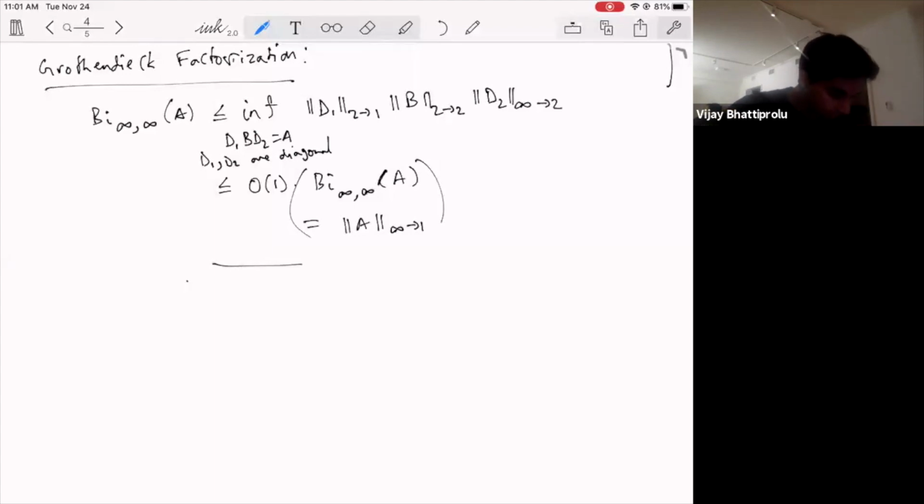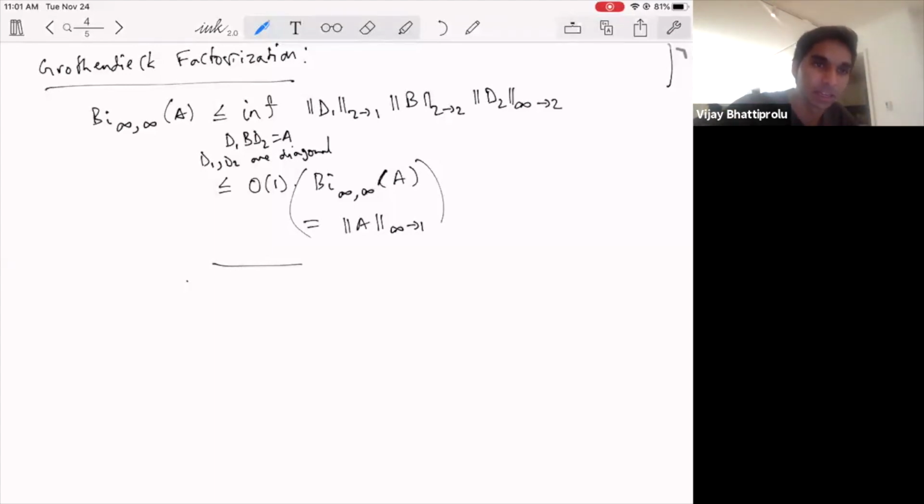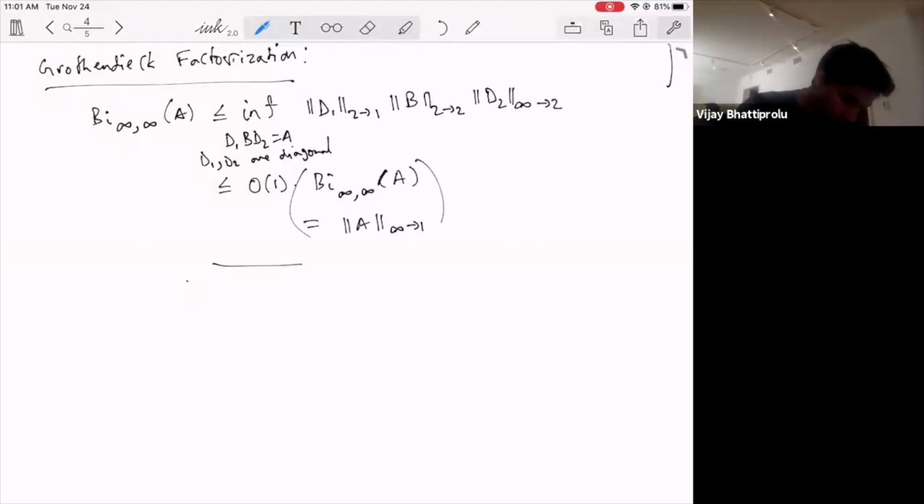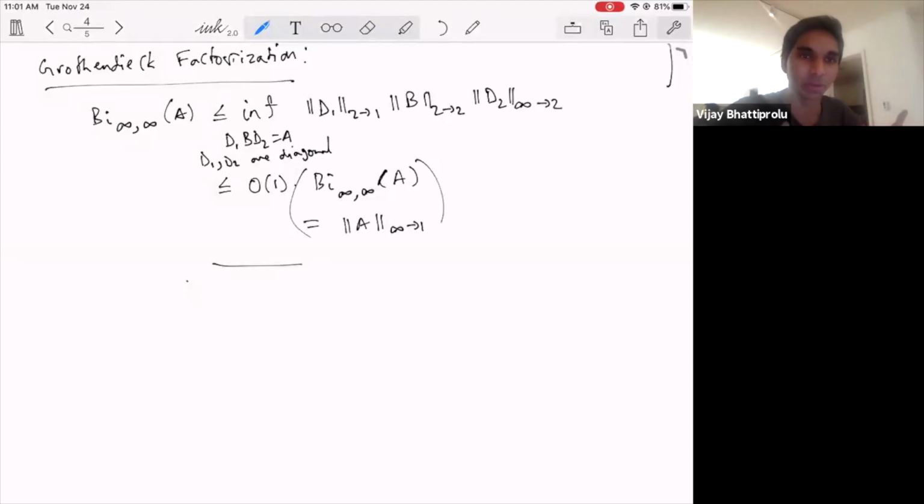Another way to state it, which is perhaps nice in some sense, is that for any matrix A that you want to maximize over the hypercube, there exists a normalized diagonal rescaling of the rows and of the columns, such that if you compute the max singular value of this rescaled matrix, this approximates the maximum over the hypercube. So the maximum over the sphere of a rescaled matrix approximates the maximum over the hypercube. However, there is some technical condition.